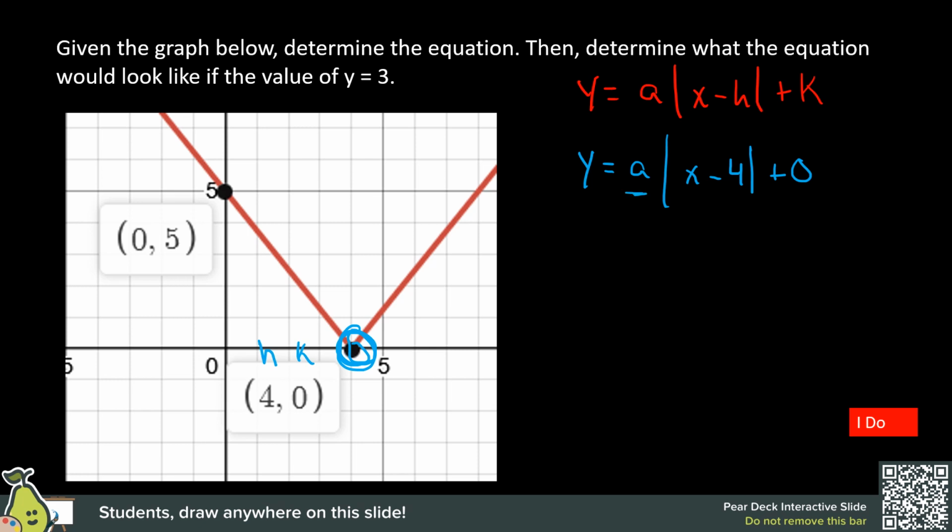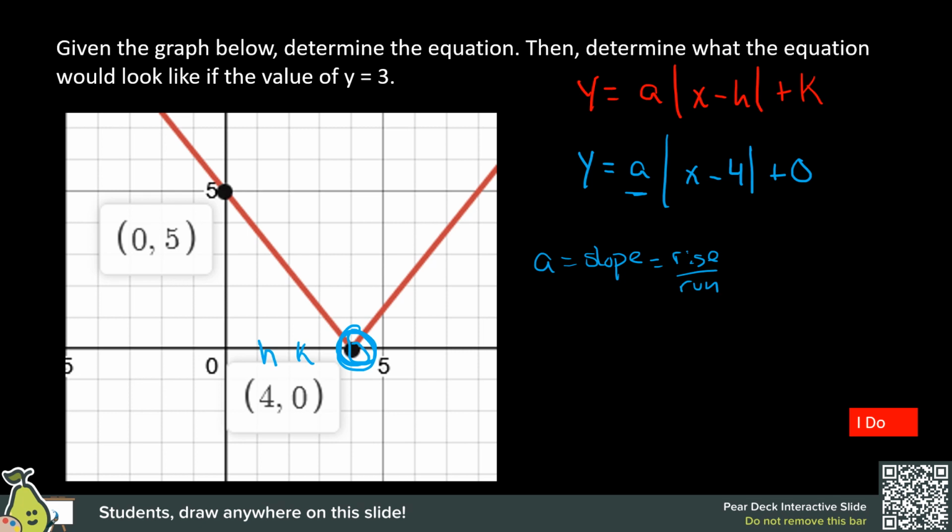So a is like our slope here, okay? A is our change. So if a is like our slope, or our rate of change, this is the same thing as like our rise over the run.